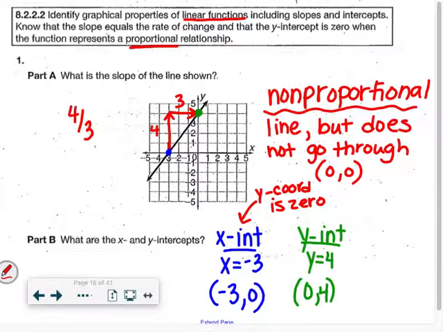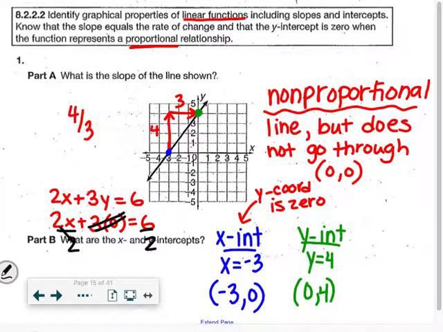You might remember that from earlier this year when we had equations like this in standard form. To find the x-intercept, you would plug in the 0 for y, like this, and solve it. So you would cancel out 3 times 0 is 0, and then you could divide by 2, and you'd get x equals 3 for that example.